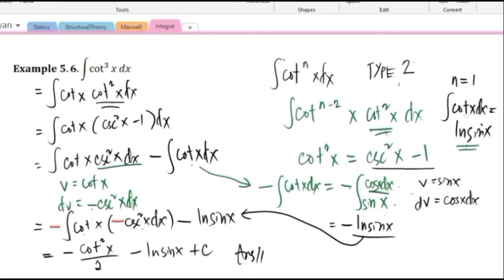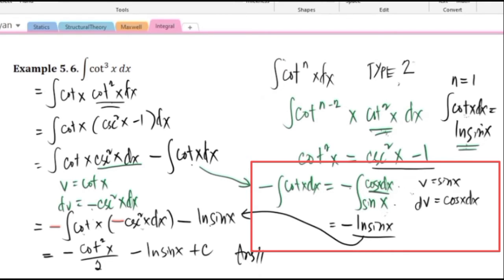For the second term, since your n is equal to 1, the integral of the cotangent x dx is just equal to negative ln sine x. But if we are going to take a review on that, actually this topic was already discussed under the integrals leading to logarithm. So we would have the integral of cotangent x dx is equal to, using the identity, cotangent x is equal to cosine over sine.